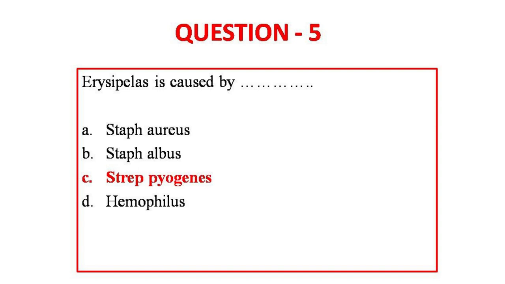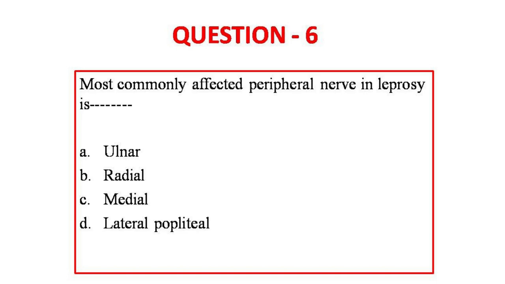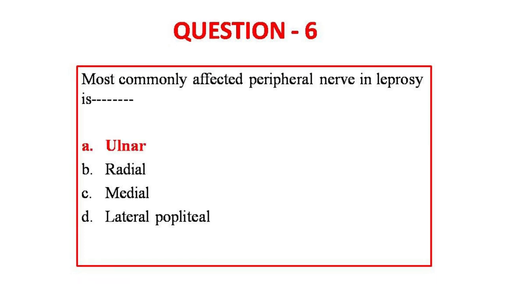So moving on to question number 6. The most commonly affected peripheral nerve in leprosy is, they've given 4: ulnar, radial, medial and lateral popliteal. The answer to this question is A, ulnar.